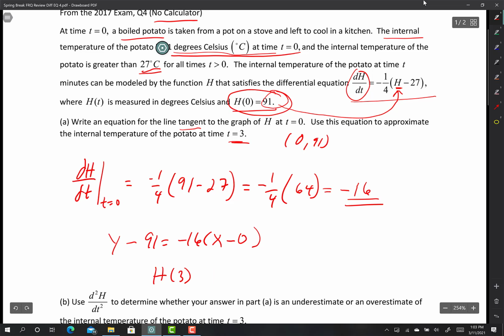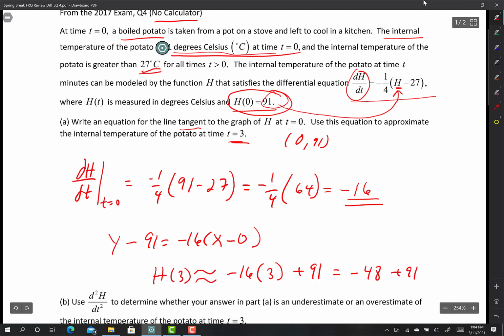negative 16 times 3 plus 91. And I think we can do that. 15, 30, 45, 48. So negative 48 plus 91.